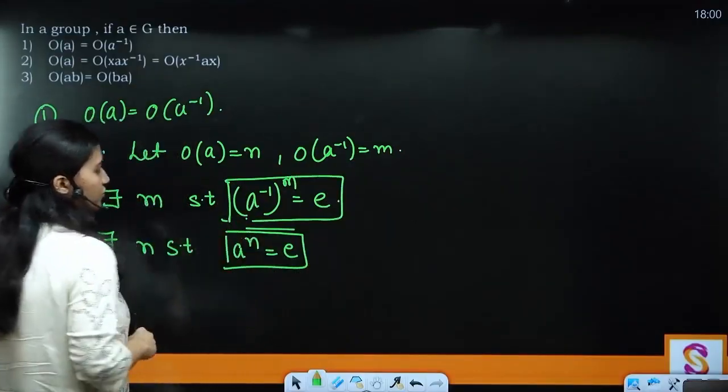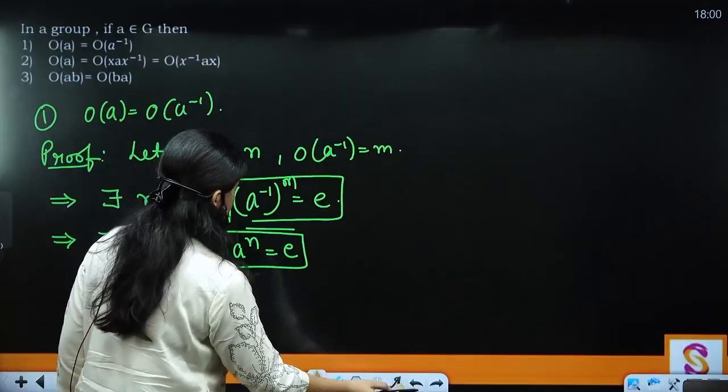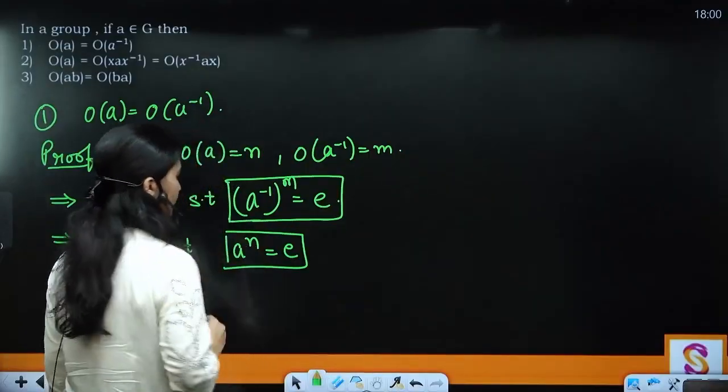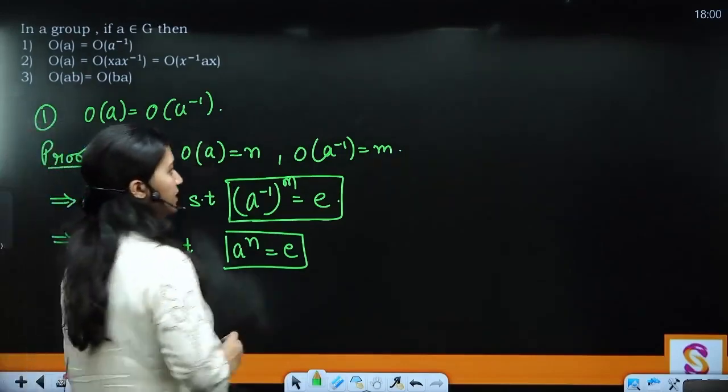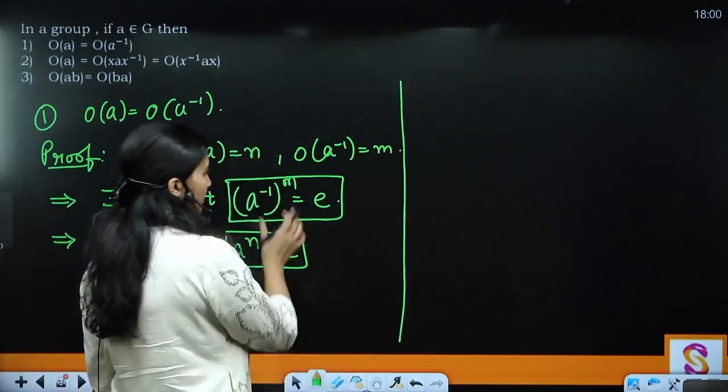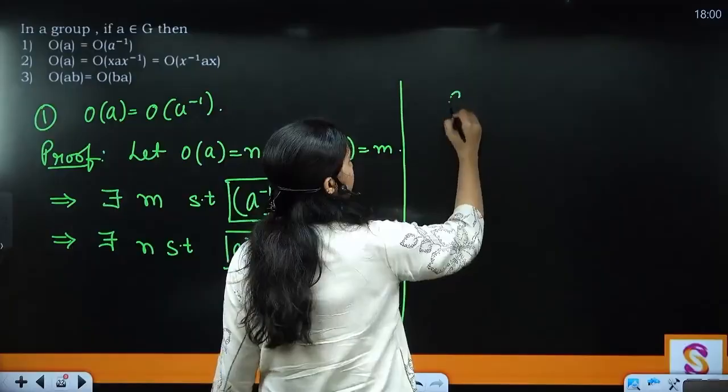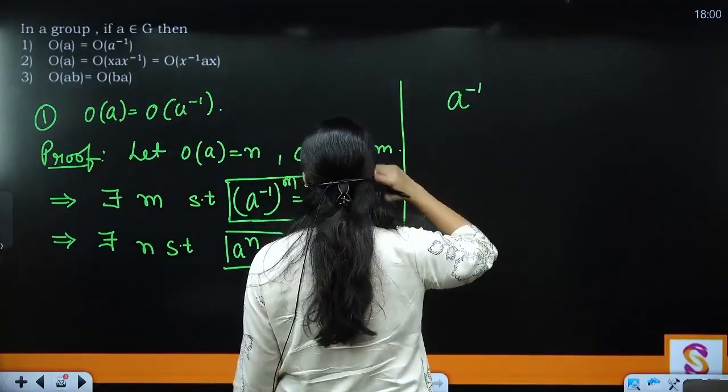Right? Chalo. Okay. Now we want to prove that m and n are equal. So let's start with this expression here.